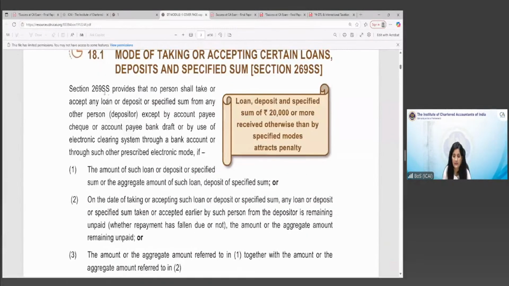This says, if you go and read this 269SS, that no person shall take or accept any loan or deposit or specified sum from any person except by account payee cheque, account payee draft, or by a clearing system.